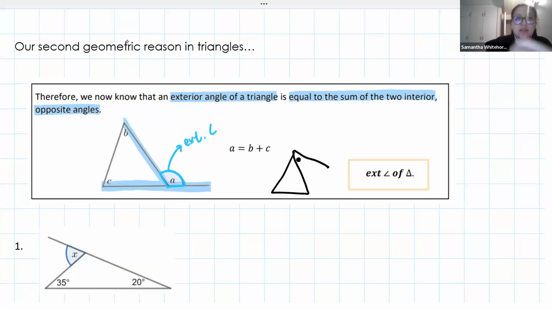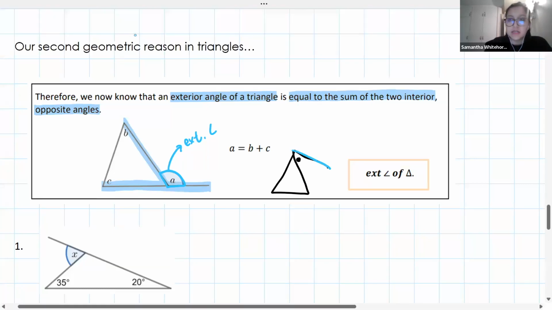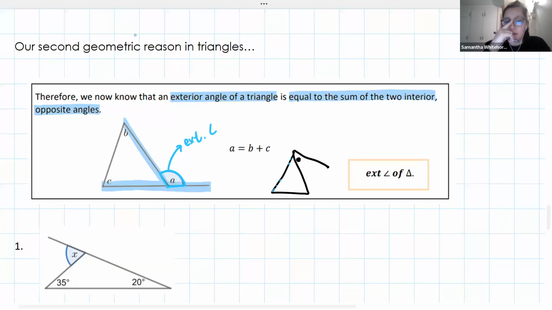The reason for that is because this line over here is not an extension of a side. If we had drawn our line and extended this third side of my triangle, then that whole angle would be an exterior angle. But we cannot just have an exterior angle of a triangle when we've got a random jutting out line that isn't an extension of one of our sides.